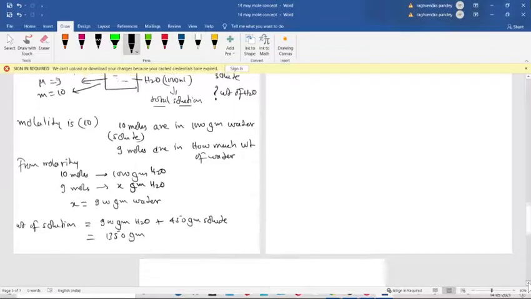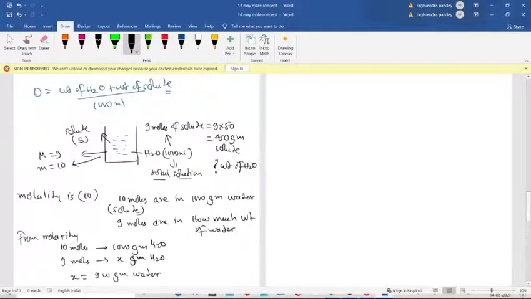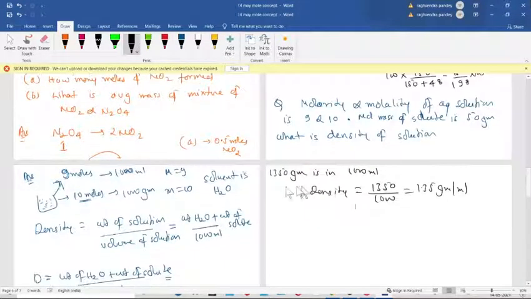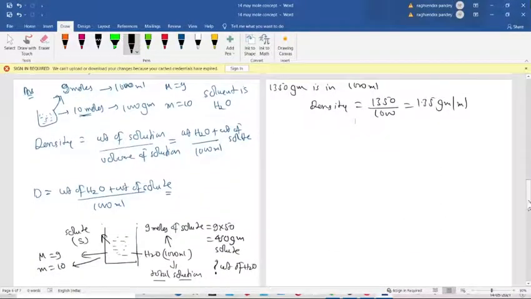This total 1350 grams is in 1000 ml, so density will be 1.35 gram per ml. So that is your basic understanding. This is your density part.